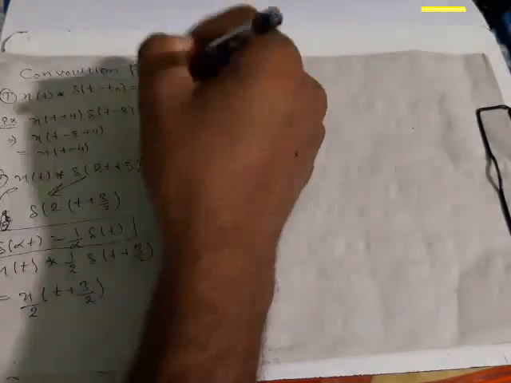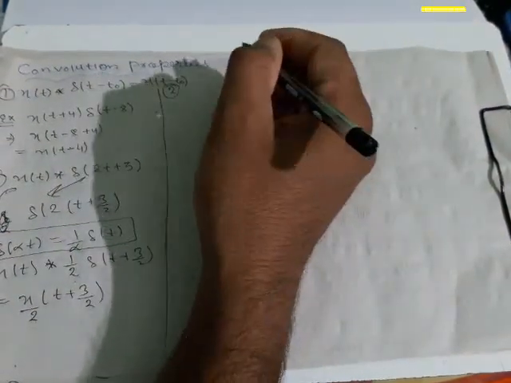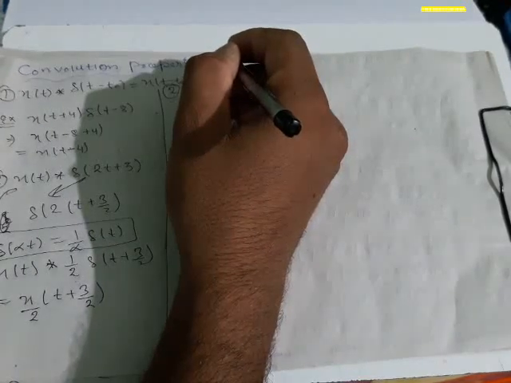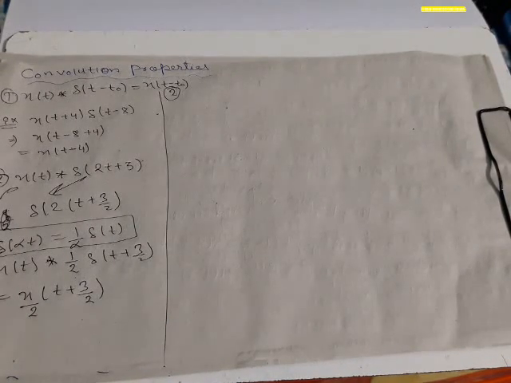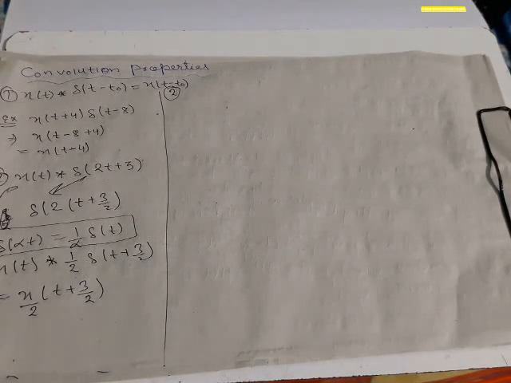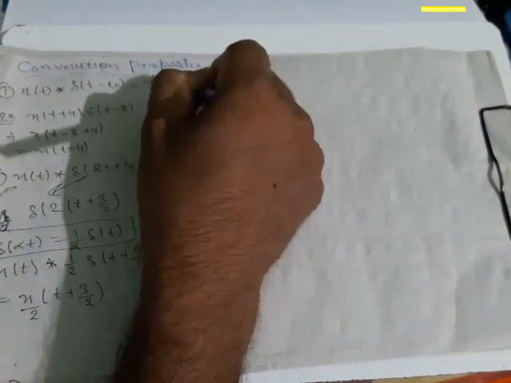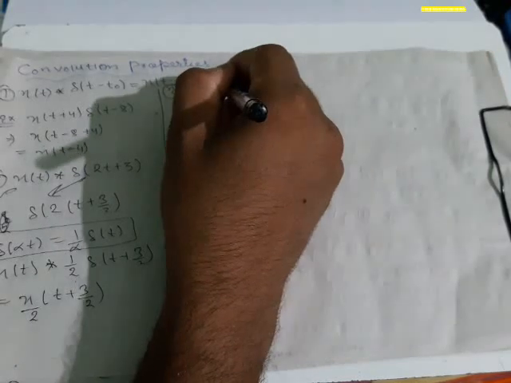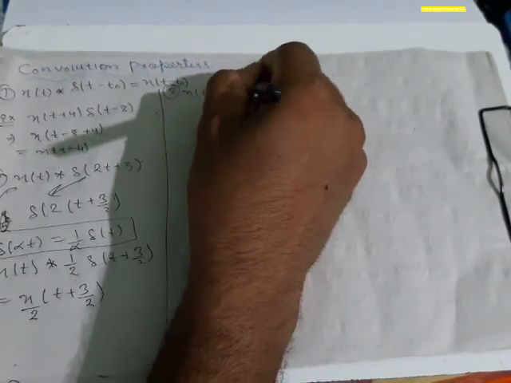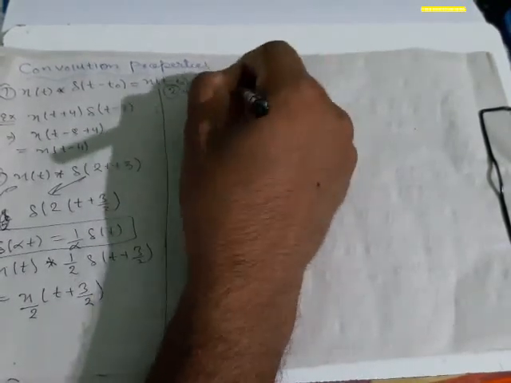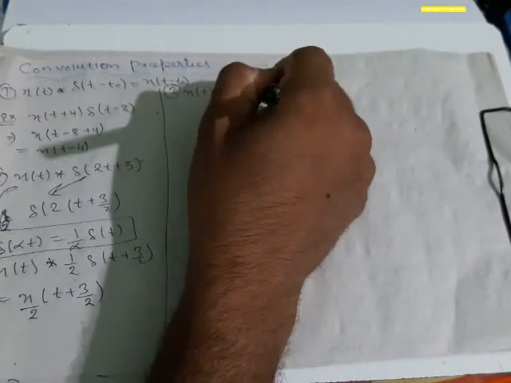So we can write it as 2 tri of (t - 2)/4. Instead of t, put (t - 2)/4. Okay, so you will put it here.